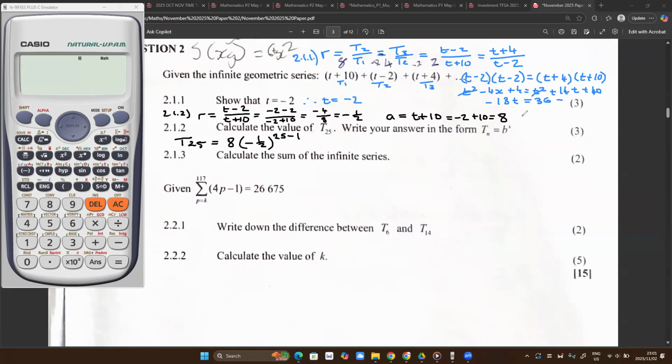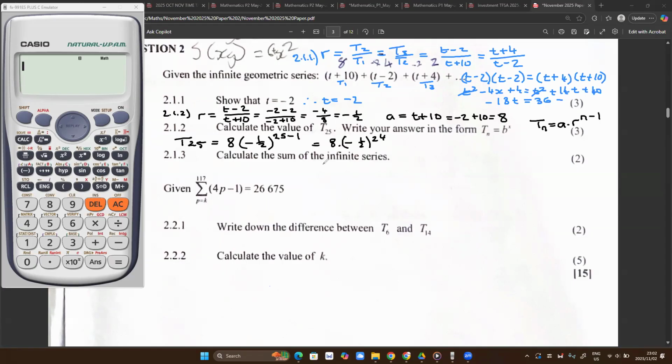I should just note, we're using this formula from the back: Tn is equal to a r to the n minus 1. We've got our a, and we've got our r, which we got there. And so we get 8 times negative 1/2 to the 24.